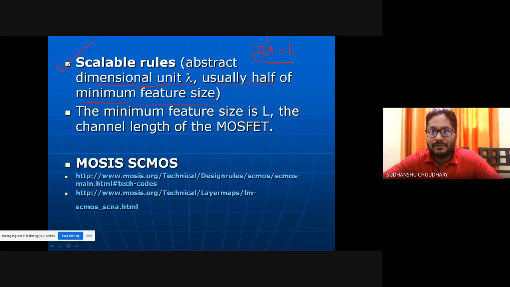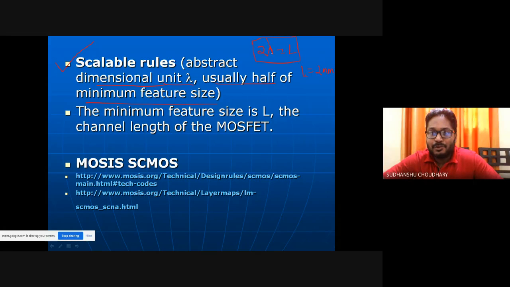This is a very important relation, and it sets the foundation for these scalable design rules or lambda rules. That is, you have scaled your channel length, which was, let's say, 2 micrometers, in terms of lambda. You are now representing L, that is 2 micrometers, in terms of lambda.